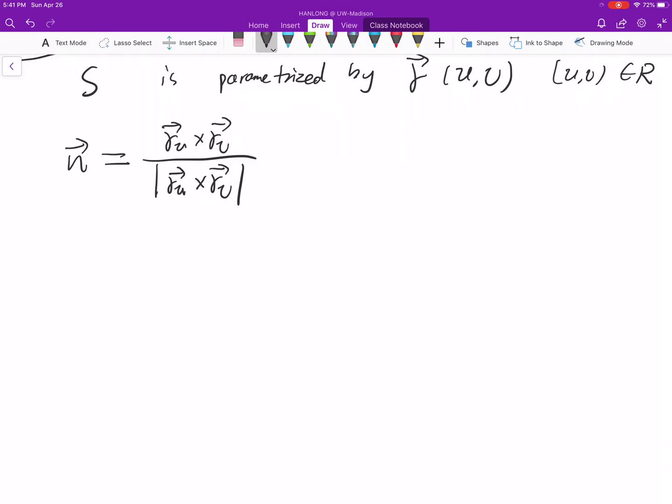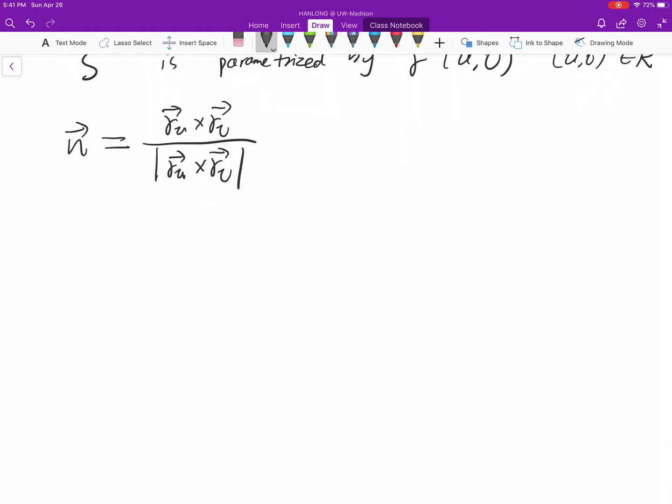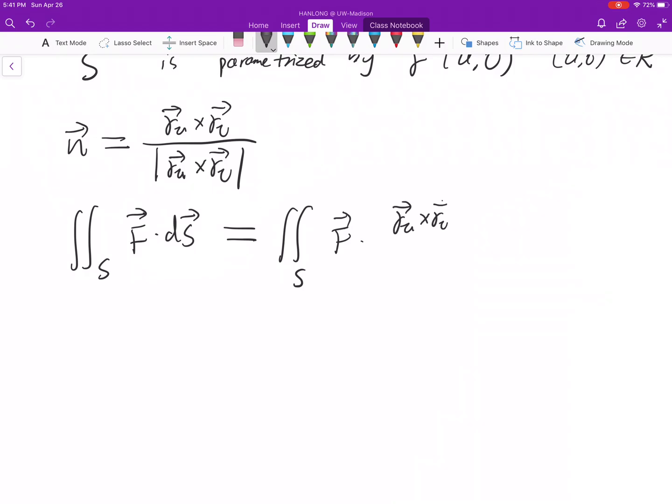Okay, I will first state, and then I will make a very important remark. Suppose you choose this orientation, then the surface integral of f dot dS can be computed as f dot gamma_u cross gamma_v divided by the norm of gamma_u cross gamma_v, times dS.